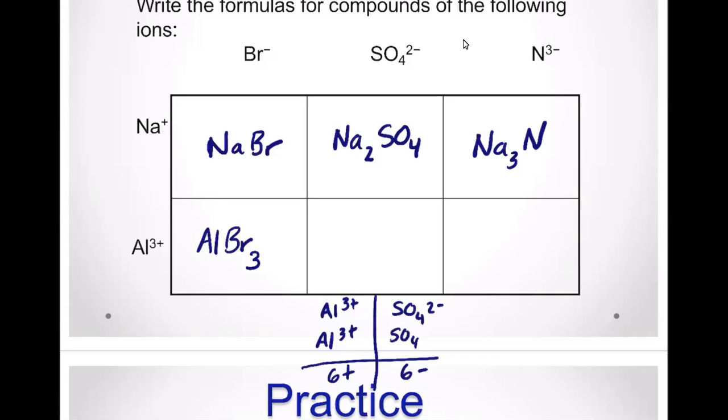Well, sulfates only come in 2 minus, so you're going to need 3 of those to get a total of 6 minus. So then you add up your total. You have 2 aluminum, and you will need parentheses for the sulfate, and you have 3 of those. Okay, so you're writing the compound so it is electrically neutral. Now we have aluminum and nitride, 3 plus, 3 minus, so it's just 1 to 1.